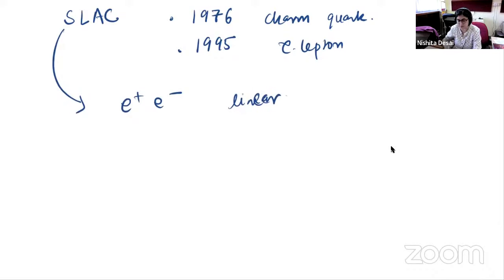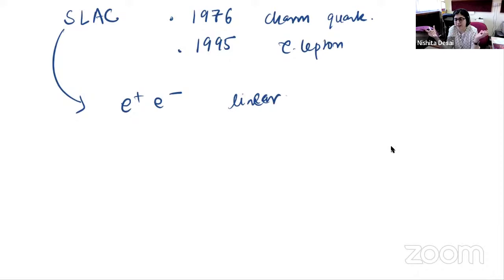So far we've been talking about circular colliders, where particles are accelerated in a loop, which is very space efficient. Whereas linear colliders require a very, very large building so that you can accelerate particles to the required energy. If you have a chance to go to Stanford and look at the SLAC building, you will see a single building that runs over a kilometer long.